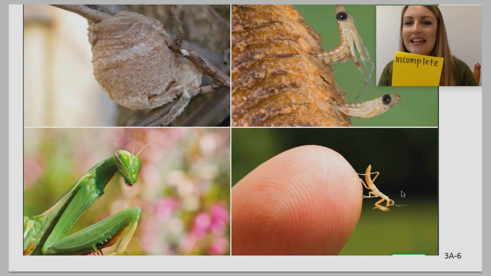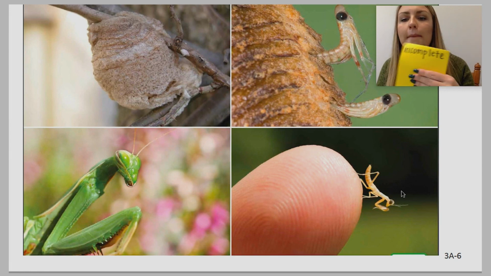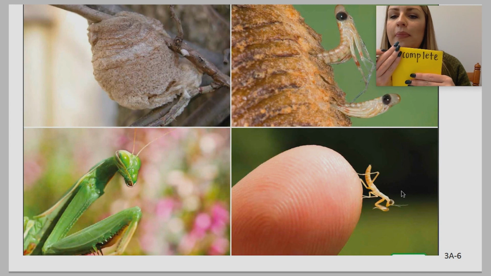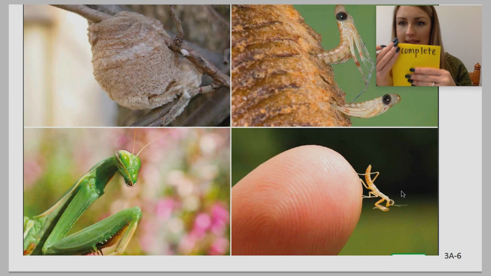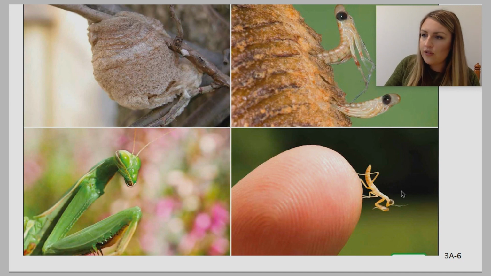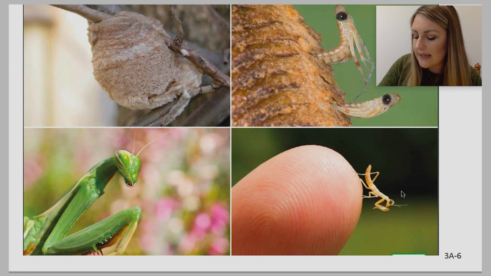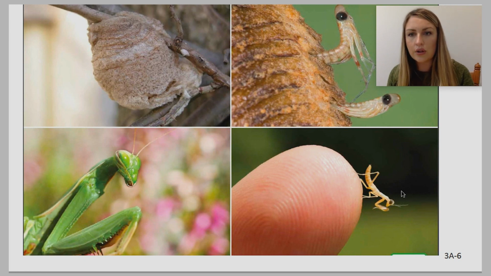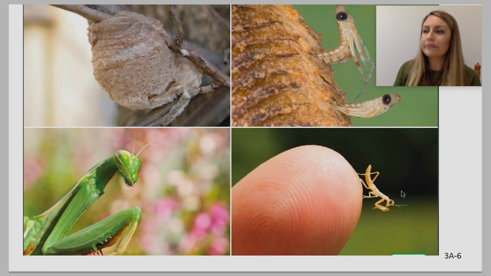Now that we know how to spell incomplete, we should know how to spell complete. You just cover up the N. That's a prefix. Okay, so incomplete metamorphosis, that would be grasshoppers. You can write this down because you can choose more than one if you want to make more than one life cycle on your poster today.